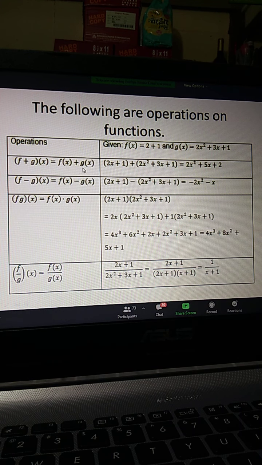Ito yung operation. So f plus g of x can be executed as f of x plus g of x. While f minus g of x is equal to f of x minus g of x. We are distributing x. Okay? F times g of x is equal to f of x times g of x.